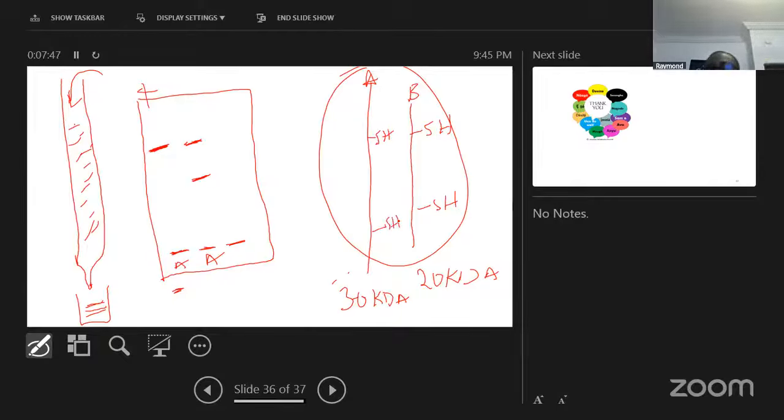So we will now have two separate proteins, one with 20 kilodalton, one with 30 kilodalton. So this is what the reducing agent did, it separated the two chains. So we have separate chain A and chain B. So this is our insulin. If we treated insulin in like manner, insulin would have behaved like this. So whenever you see SH, it means that the amino acid at that position is cysteine. Cysteine.